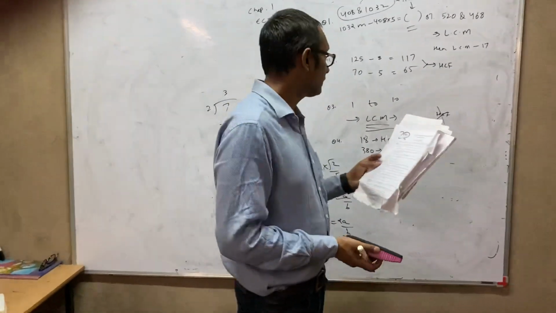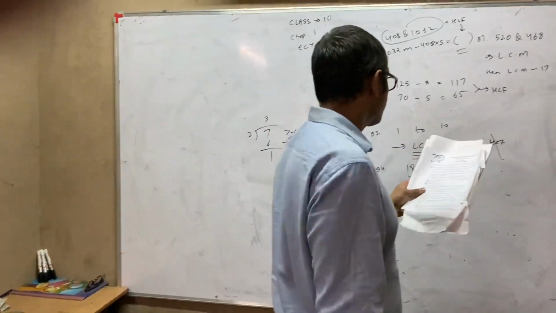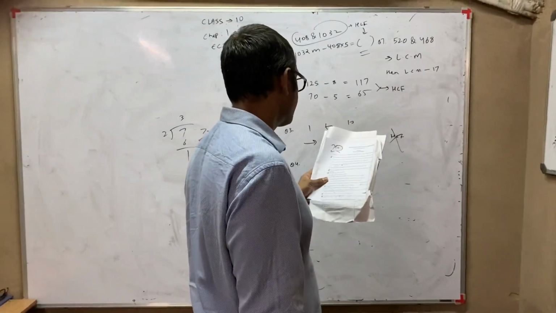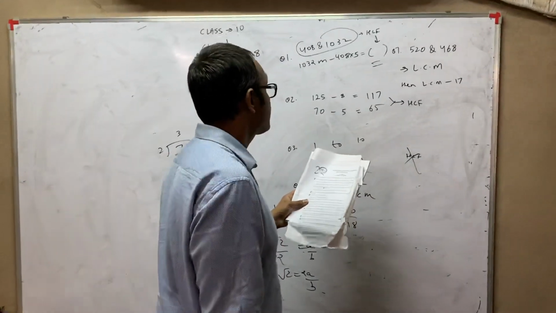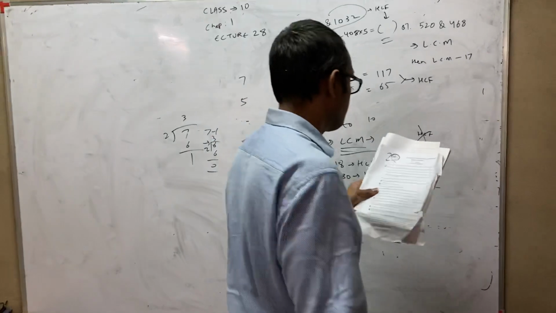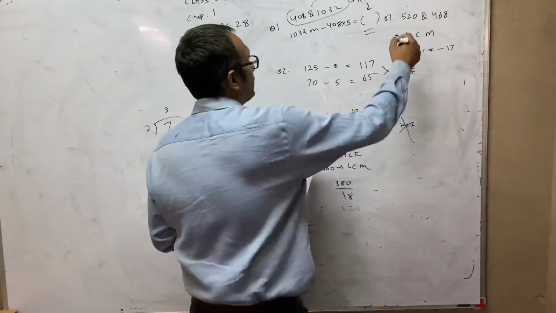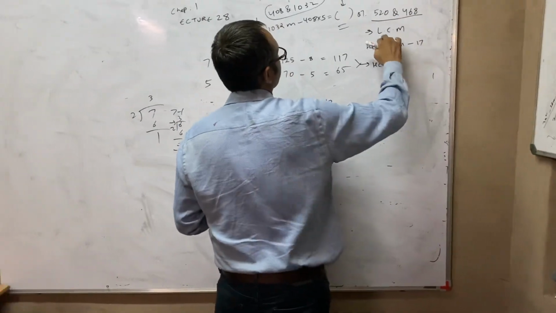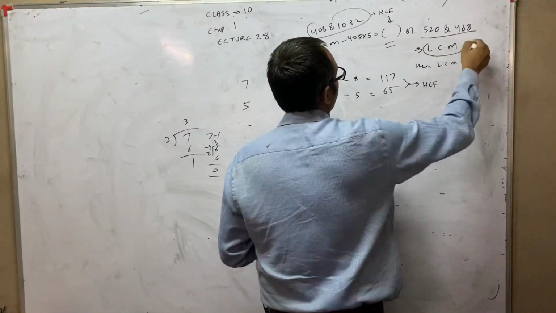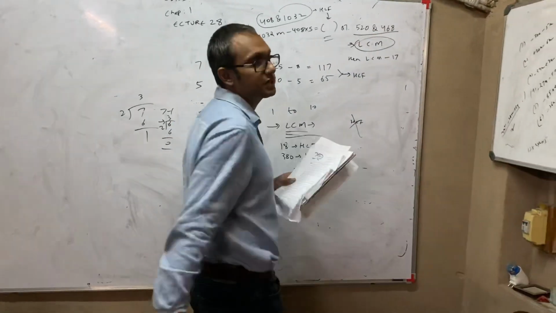Now question number 17: find the smallest number which when increased by 17 is exactly divisible by both 520 and 468. In this sum, first you find the LCM. The LCM will be such a number which both these numbers can divide.